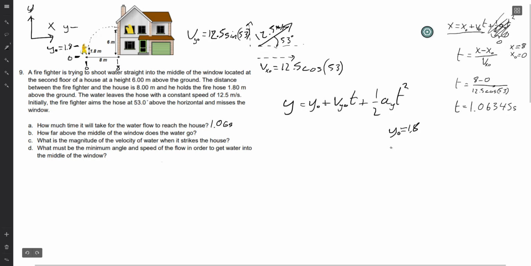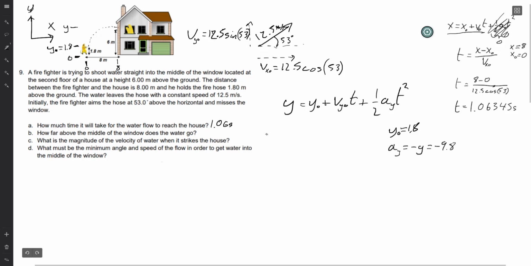And the acceleration in the y direction, ay, is going to be equal to negative g, or negative 9.8. So these are all the various things that we're going to need for this equation now. And now we're going to start filling it in. We're looking for y, so we're not going to have to rearrange it.